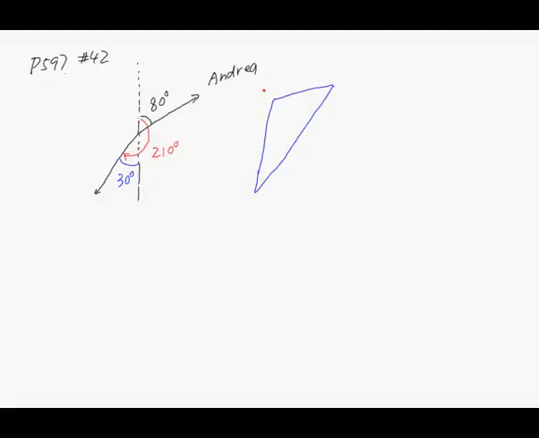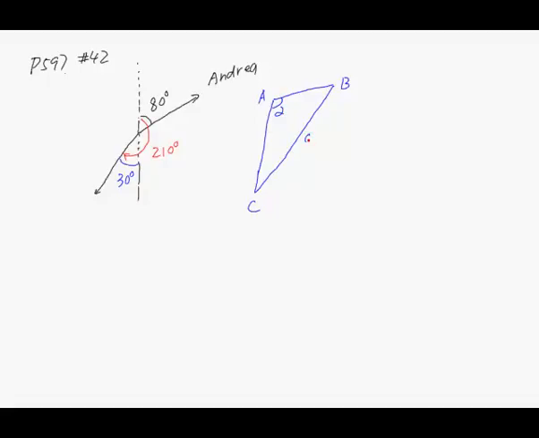So this is the point A, the airport, and this is the B, and this is the C. So B is the position of Andrea after 3 hours, and the C is the position of Carlos after 3 hours. So now let me call this angle alpha.